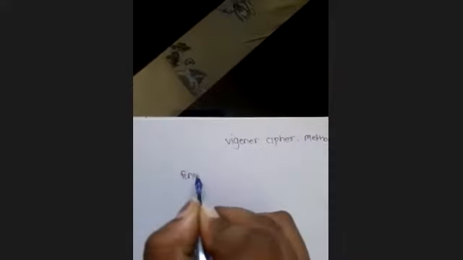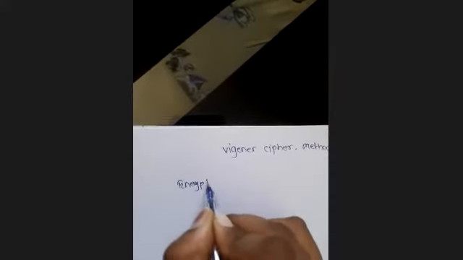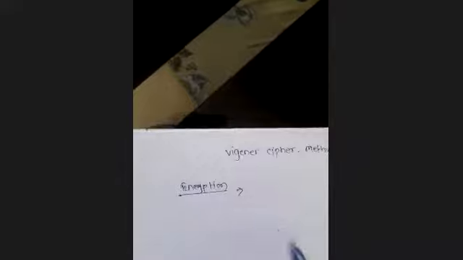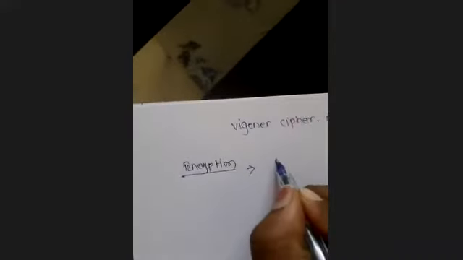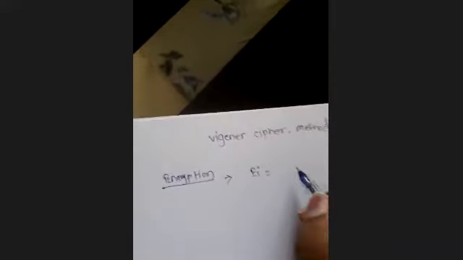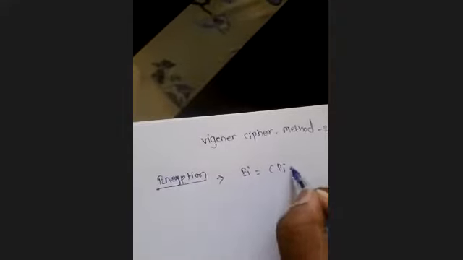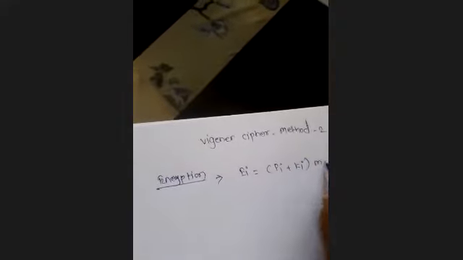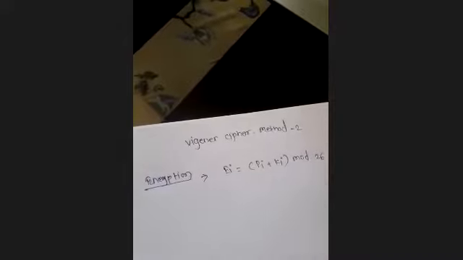The formula for the encryption is Ei, that is encryption, equals Pi plus Ki mod 26.